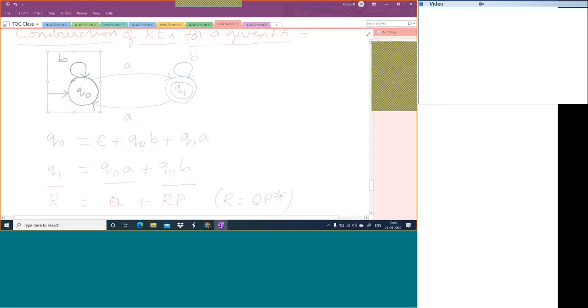Now Q0 equation is what? As this is coming from outside, we write epsilon. Q0 is epsilon plus, this is the other edge, coming from the state Q0 itself with label B. So that is the reason Q0 B. And this is from Q1 with label A, so plus Q1A.